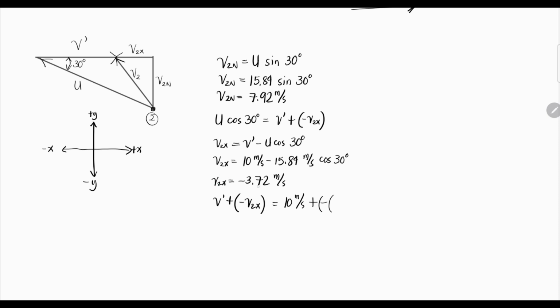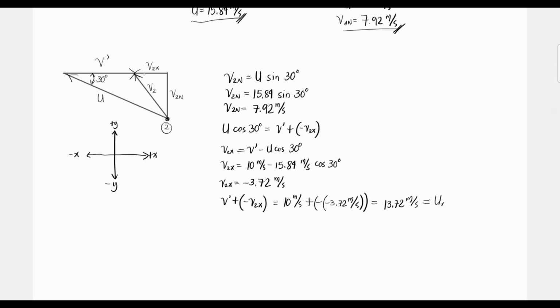The value for V2X is negative 3.72 meters per second. So, this one, magiging positive to kasi negative times negative is positive. Then, magpa-plus siya sa 10. So, that is 13.72 meters per second. So, that is the value of U X.